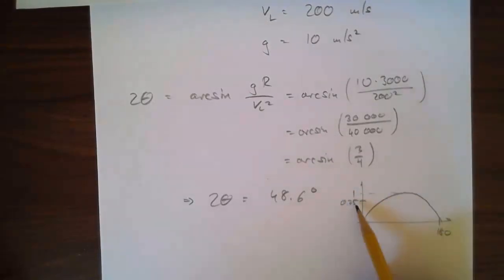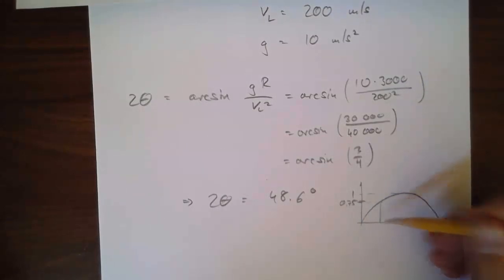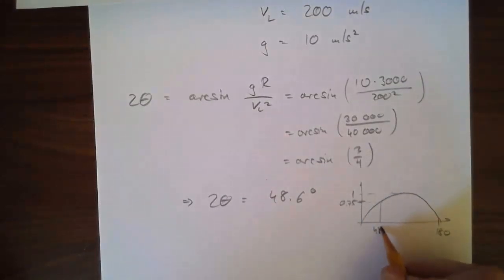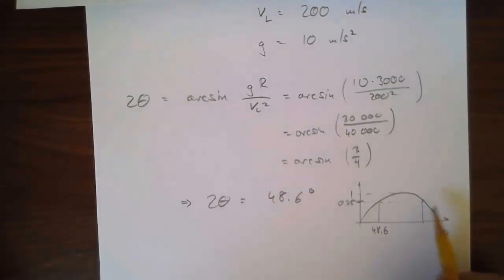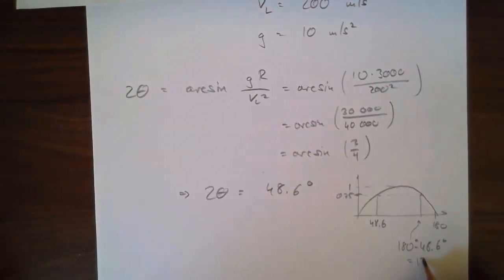0.75 is here, right? And taking the arc sine means it's asking, okay, what angle gives us this value here? And we found that this is 48.6. But there's another one over here, and using the properties of the sine function, this here is going to be 180 minus 48.6 degrees, which is, I think, 131.4 degrees.